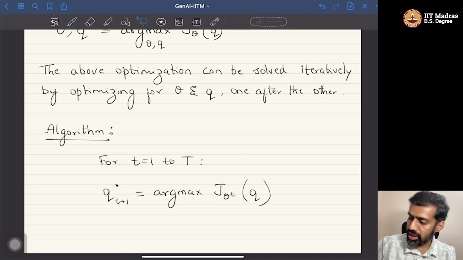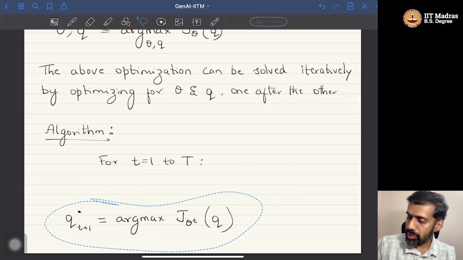Rather, let's just define the terms before we go to the optimization.